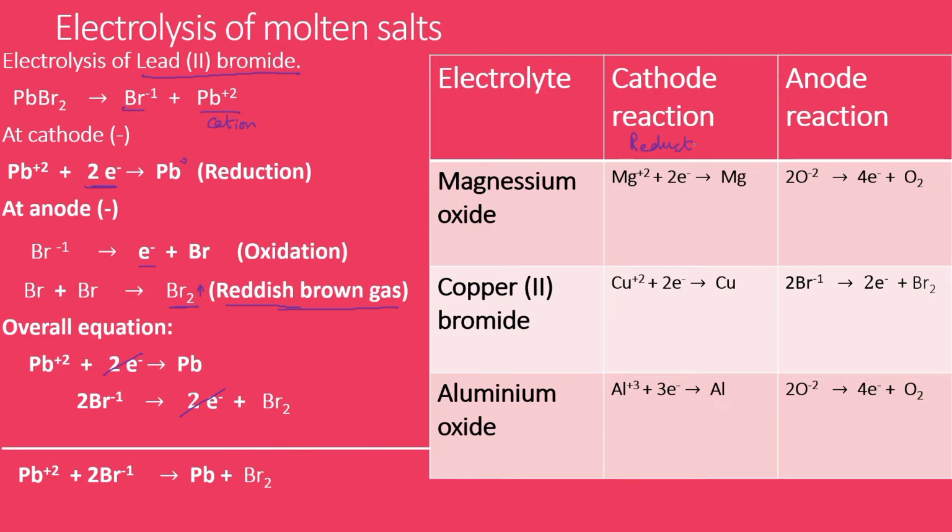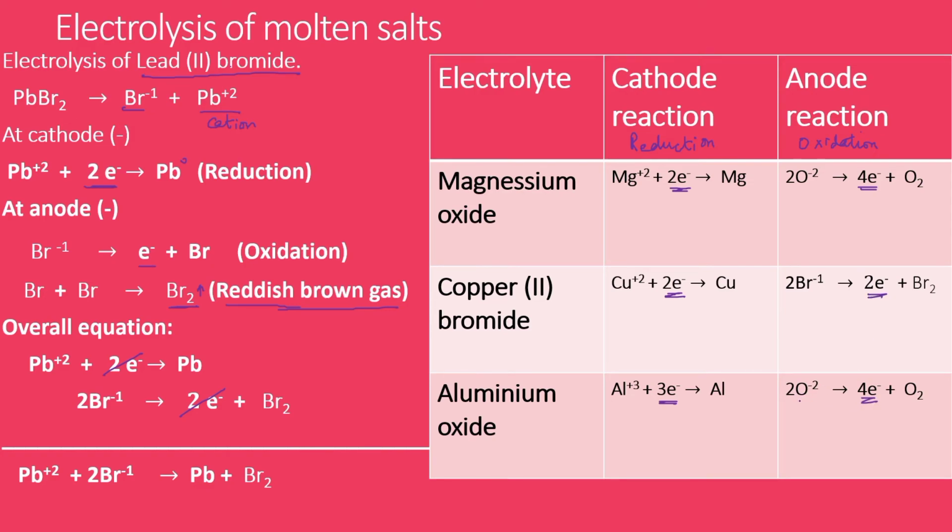Here magnesium is gaining 2 electrons to get discharged or to lose its charge. Copper is gaining 2 electrons. Aluminium has an oxidation state of +3, so it will gain 3 electrons to get discharged. And at the anode, the process of oxidation takes place. Oxidation means loss of electrons. So you can see oxide ions losing electrons, bromide ions losing electrons.